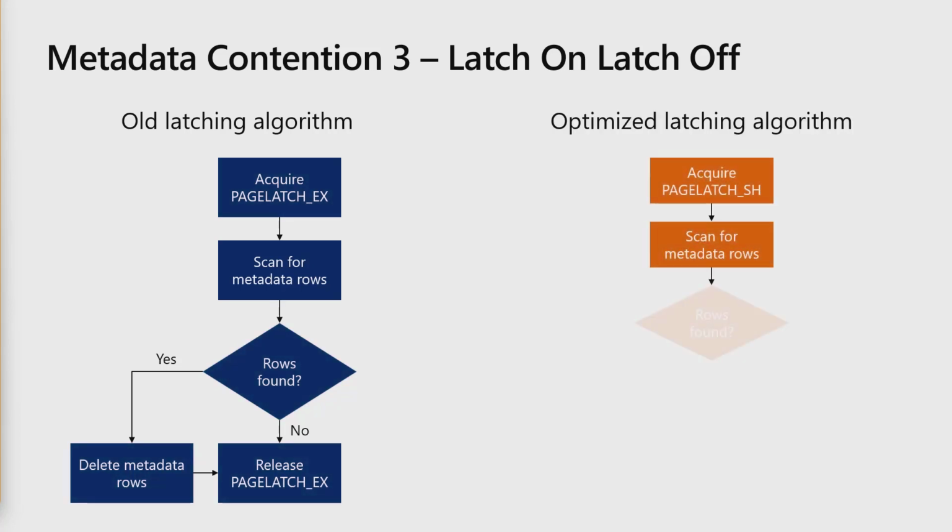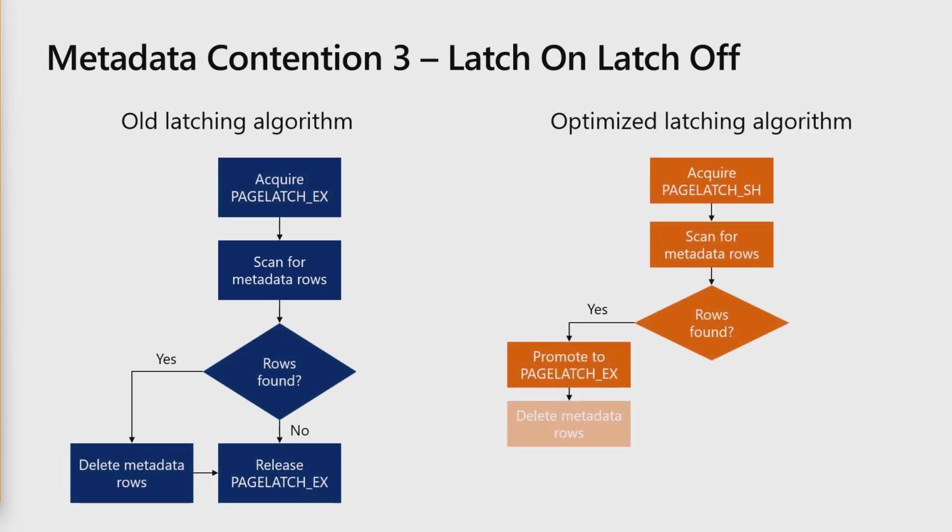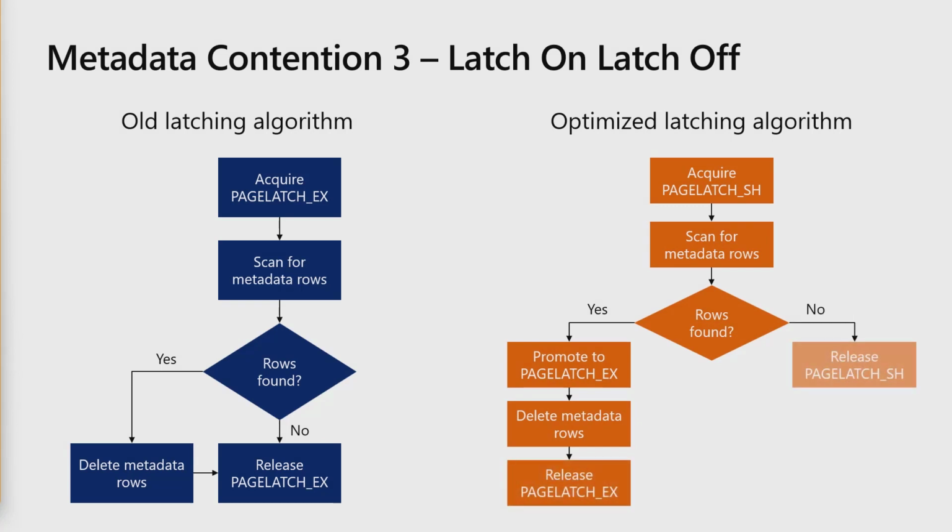So what we've done is we've switched to a new optimistic algorithm. The first thing we do is acquire a shared page latch. What we're saying here is, I'm not sure if I have to delete any metadata, so we can be optimistic. Chances are there's nothing for us to delete. So let me get a shared latch, and then I do the scan to see if the metadata exists.